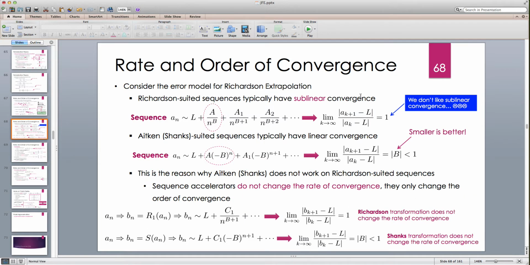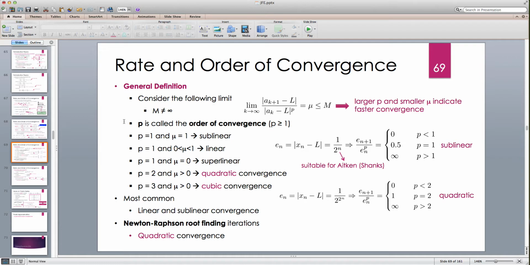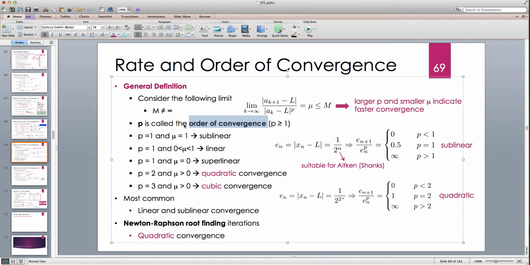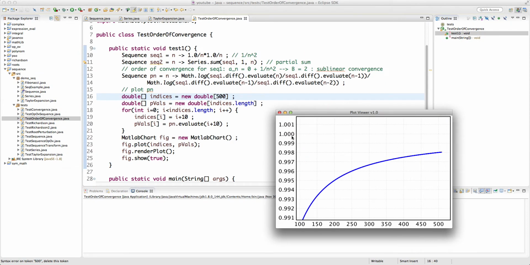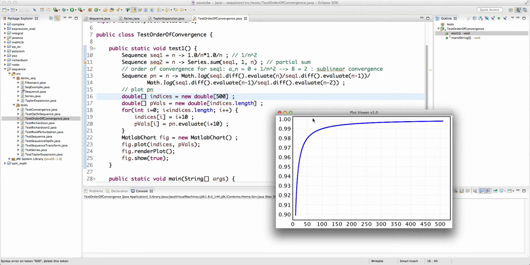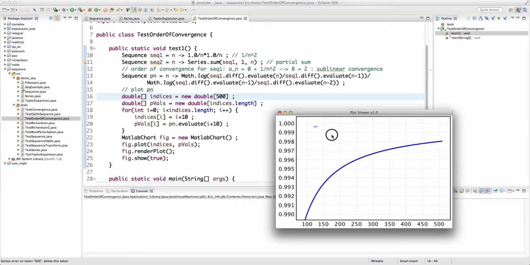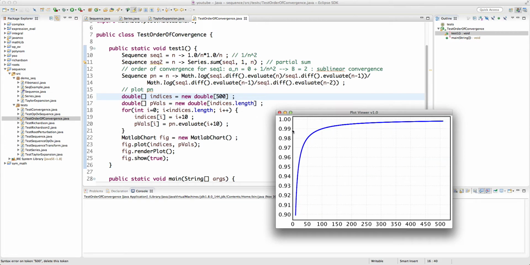Some people define this b as the order of convergence, but that's more like the order of error, how fast the error goes to 0. But in terms of the rate of convergence, this p is also formally defined as the order of convergence. And for our 1 over n squared sequence, p goes to 1 as we expect, because that's a sublinear sequence.